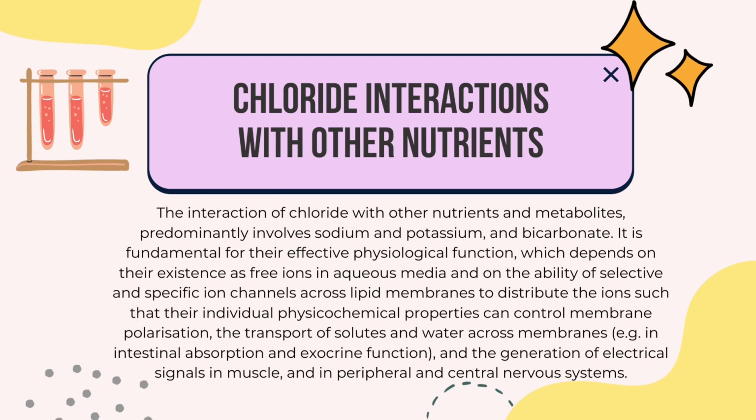It is fundamental for their effective physiological function, which depends on their existence as free ions in aqueous media and on the ability of selective and specific ion channels across lipid membranes to distribute the ions such that their individual physiochemical properties can control membrane polarization, the transport of solutes and water across membranes, for example in intestinal absorption and exocrine function, and the generation of electrical signals in muscle and in the peripheral and central nervous system.